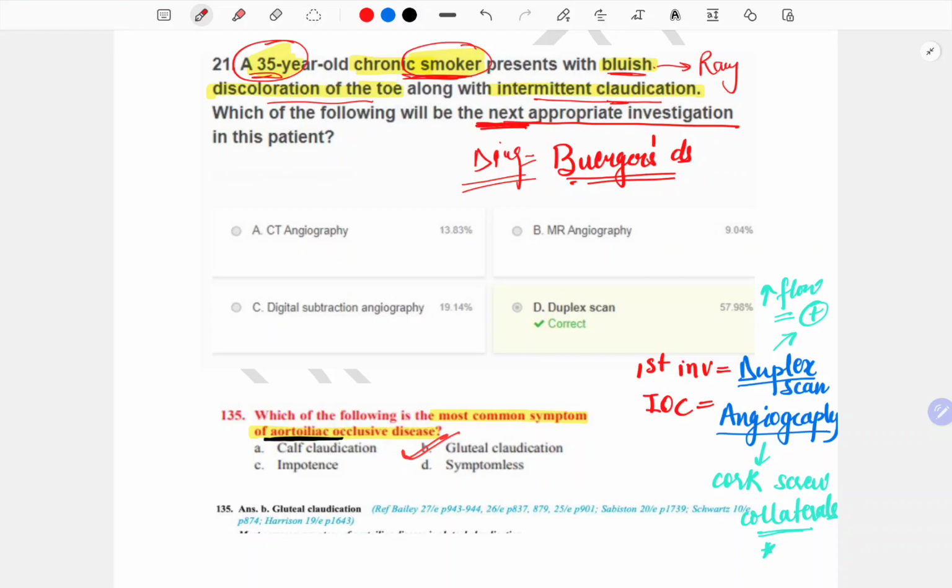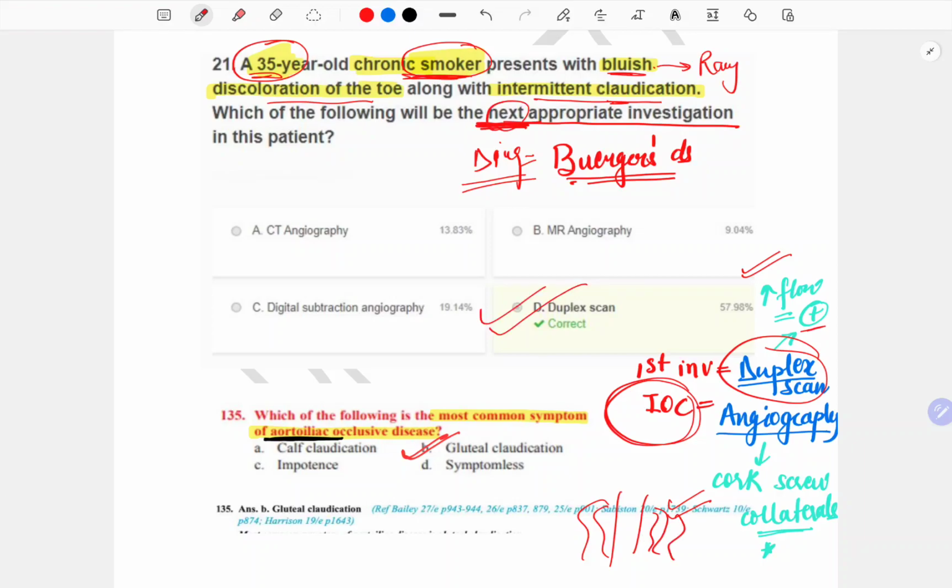The first initial investigation we do is duplex scan, which will show increased flow, and that will be positive. But the investigation of choice is angiography, where corkscrew collaterals are seen, something like this in angiography. They're asking the next appropriate, so it will be duplex scan.